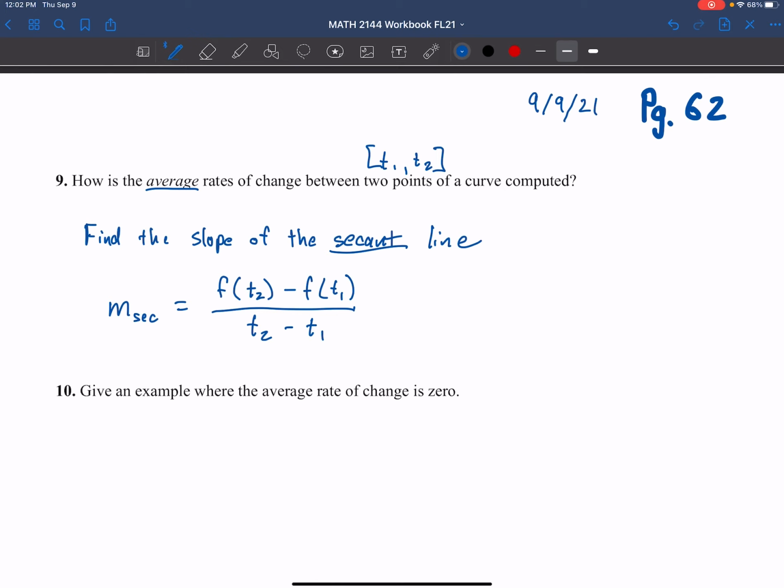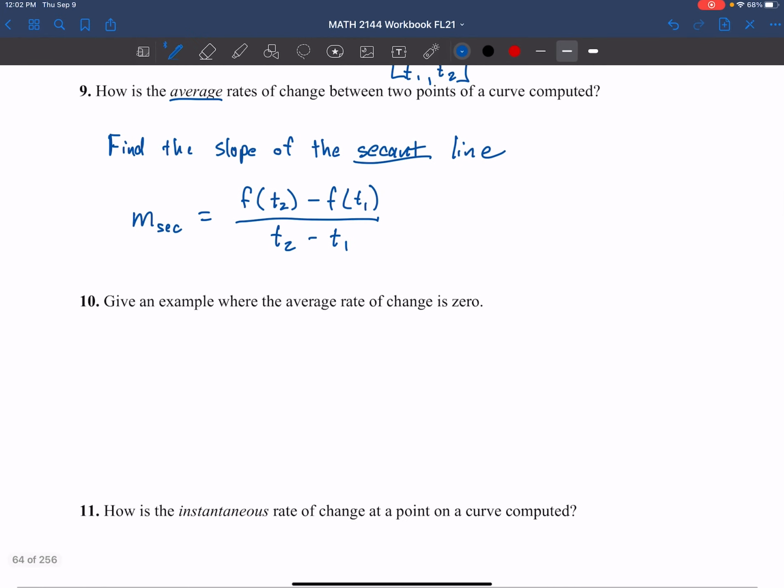So in number 10, we're asked to give an example where the average rate of change is 0. Take about 20 seconds and think about an example. You could give a function or draw one.